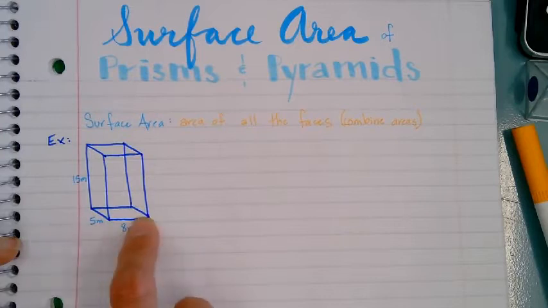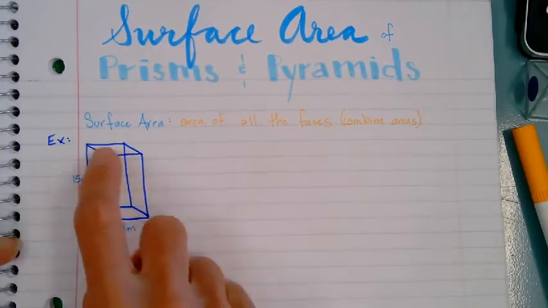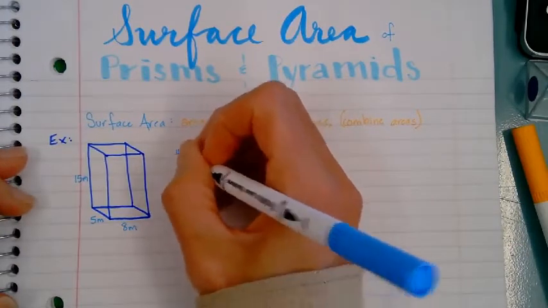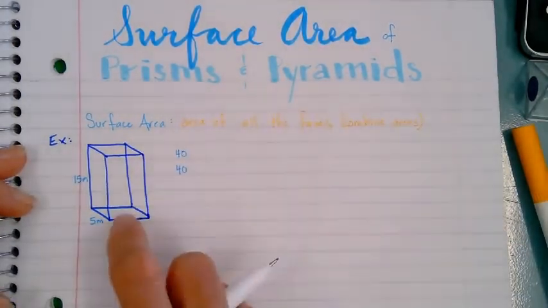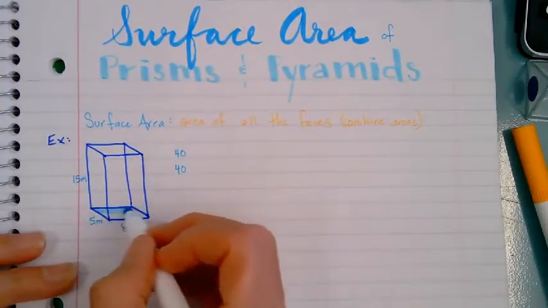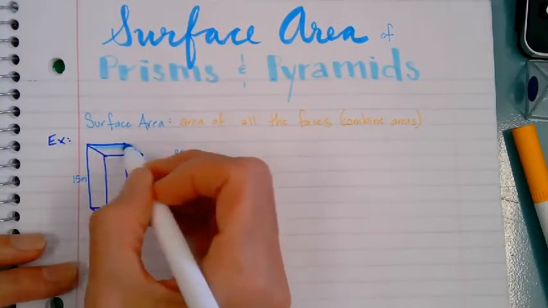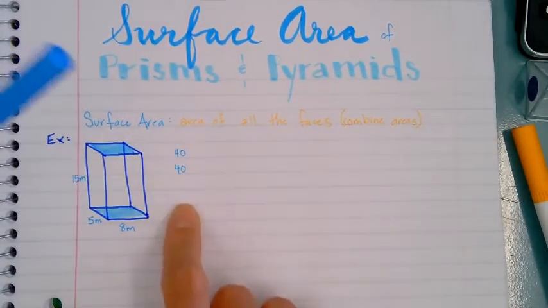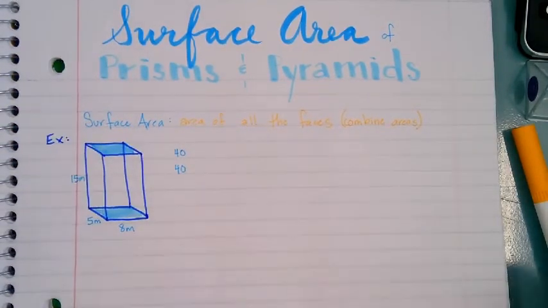And I know that 5 times 8 is 40, so the bottom is 40 and the top is 40. So I'm going to write 40 and 40.